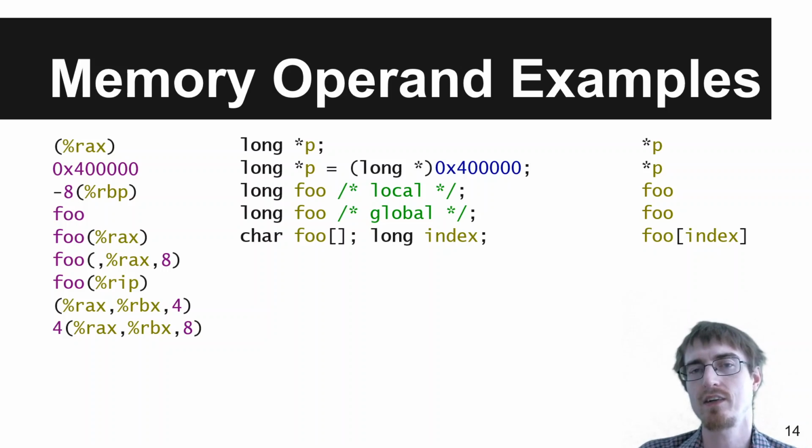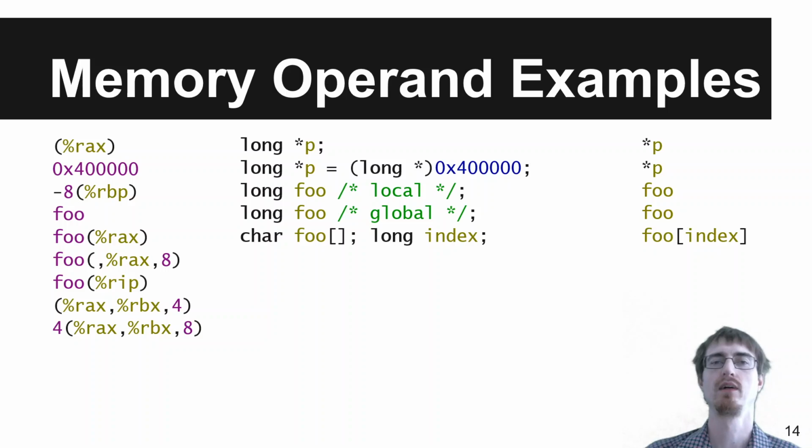So we have a character array foo and an index which is a long, because in this case RAX is the index. We dereference foo by indexing it with the index. Because the elements are size 1, this simply takes a pointer to foo and adds the index to it, which is exactly what the assembly code also does.